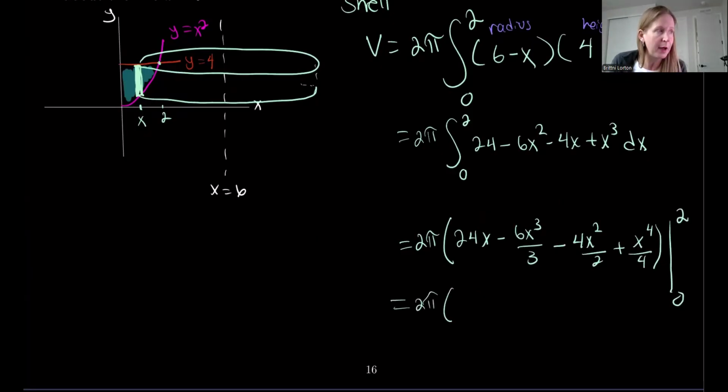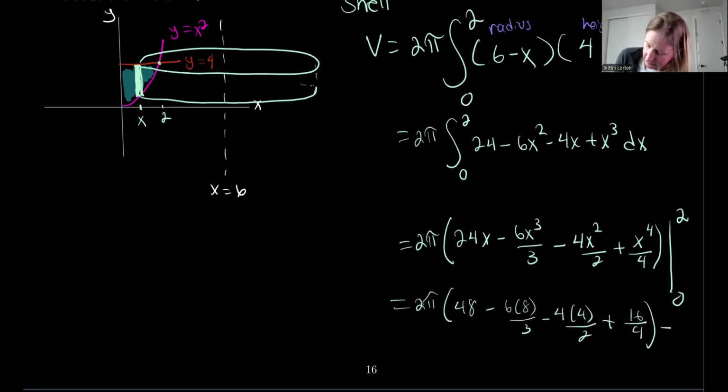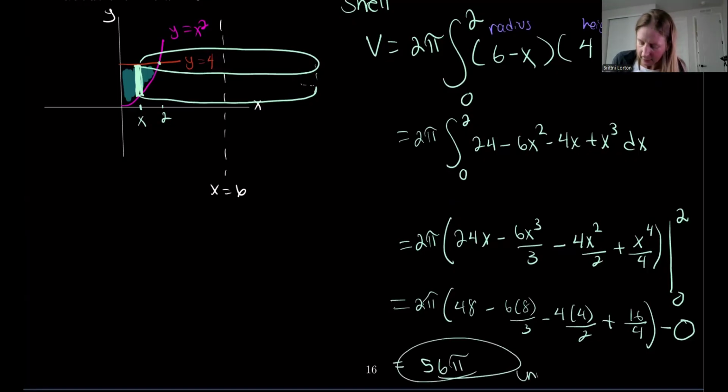So I would get 2 pi times, if I plugged in 2, I got 48 minus 6 times 8 over 3 minus 4 times 4 over 2 plus 2 to the power 4, 16 over 4. And then minus, when I plugged in 0, I got 0. And of course, feel free to use your calculator if you'd like. And I got 56 pi units cubed. Ta-da!